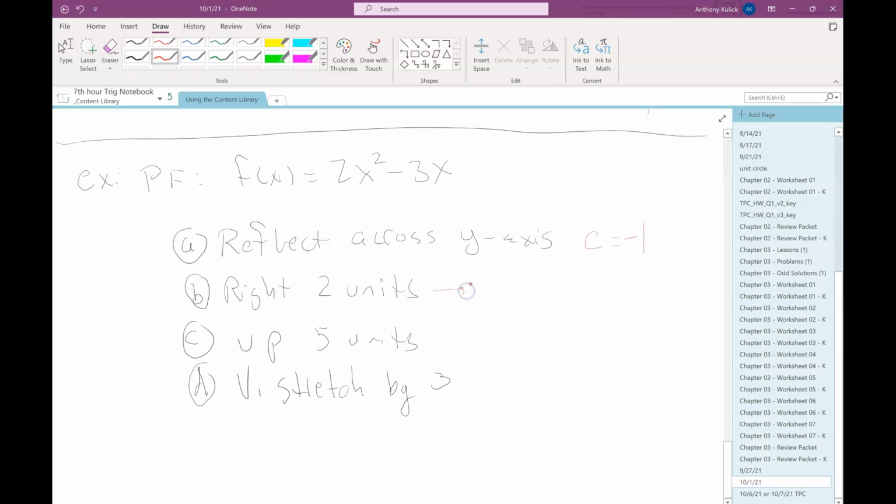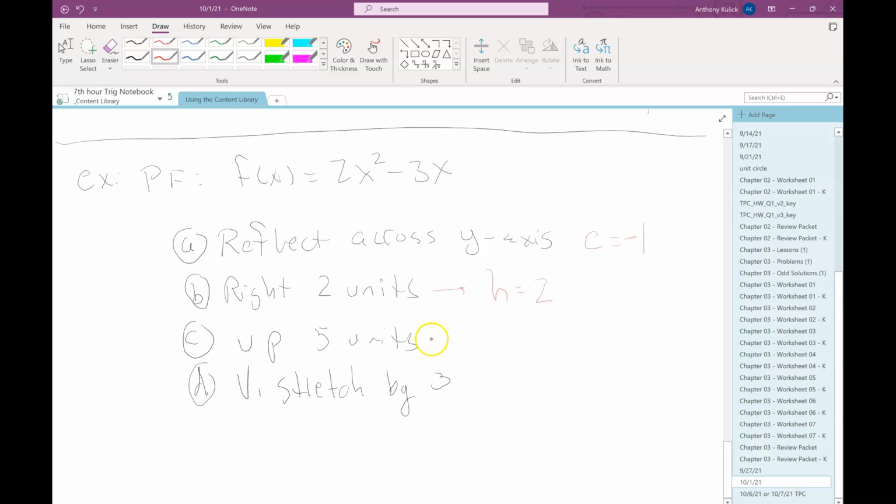If I want to go right 2 units, what coefficient is doing left and right? H. And the value for H should be then? -2. +2 is to the right. -2 is to the left. I was thinking in the equation it'll say +2. Gotcha.